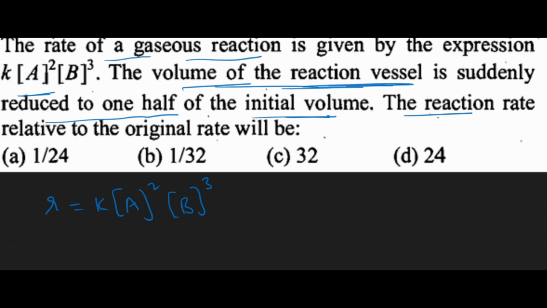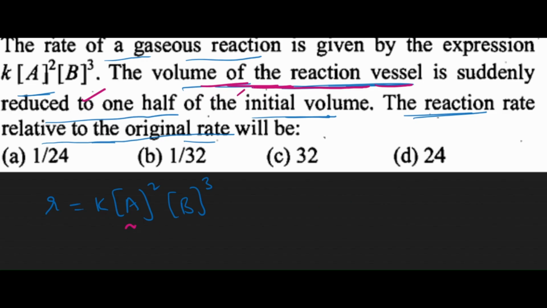Clear? And we need to find out the relation between the new rate and the original one. Clear? We have to identify the relation between the rate of reaction relative to the original rate. Now based on that, here we need to understand what they are changing.